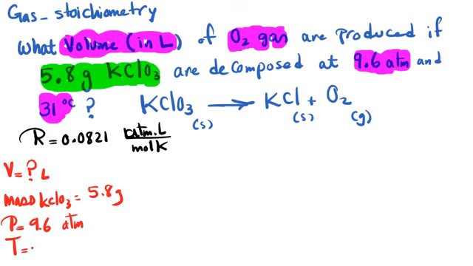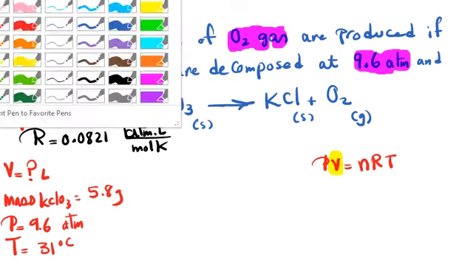The question also gave us R. One thing we should know when we solve problems for gases: PV is equal to nRT. The question says what volume? I'm going to solve for volume. I need to keep volume here and divide both sides by pressure.